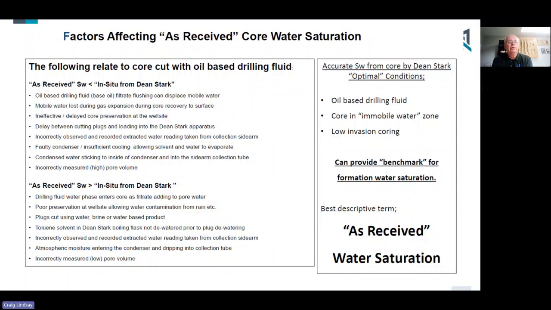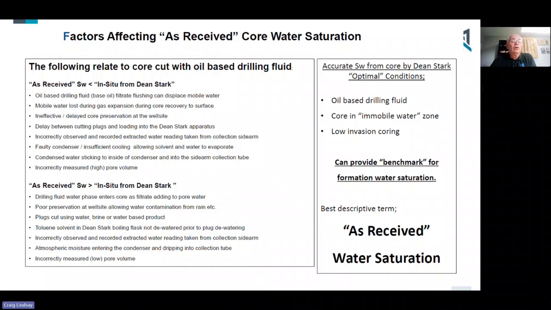Some processes can operate to reduce the water saturation that we see in the lab compared to what it is in the reservoir, and some processes can operate to increase the water saturation. We hope that those processes are minimized, and if we are aware of the factors that can cause these changes, then we can hope to have the best possible water saturation representing the reservoir, but it will never be exactly the same. So we call it an as received water saturation, or that's what I call it.